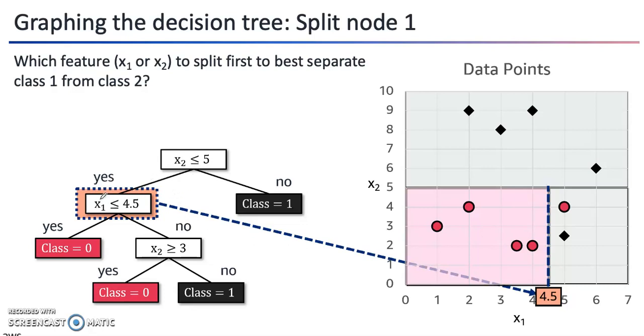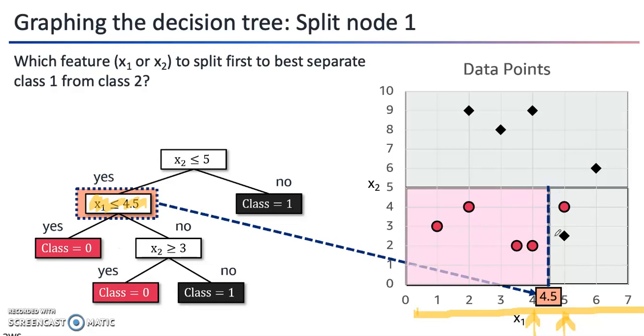That brings us to this split node, which has a condition, and that condition comes from taking a look at the horizontal axis and deciding that maybe in the interval from 4 to 5 we may find a value that would serve as a threshold. In this case, it was decided that that threshold would be the middle of the interval between 4 and 5 for x1.